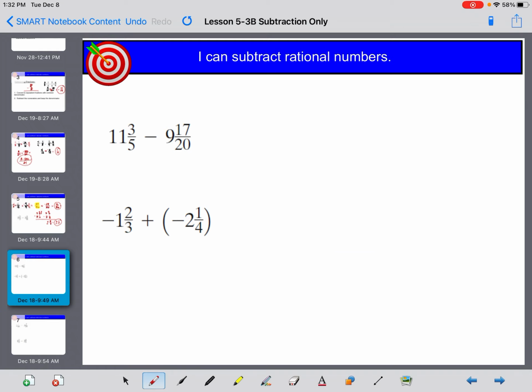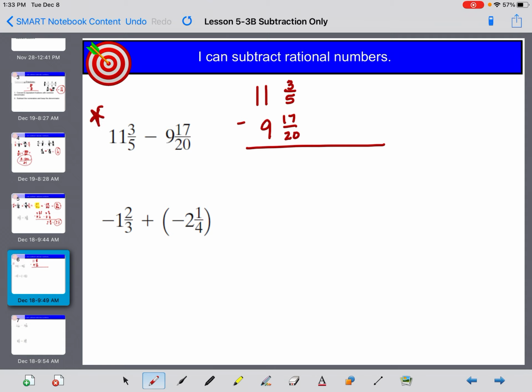Okay? Now, sometimes these mixed numbers get a little dicey. Let's try this one together. 11 and 3/5 minus 9 and 17/20. Watch what happens with this particular one.